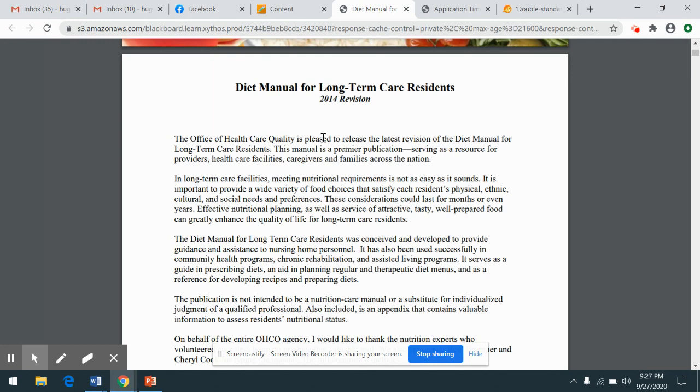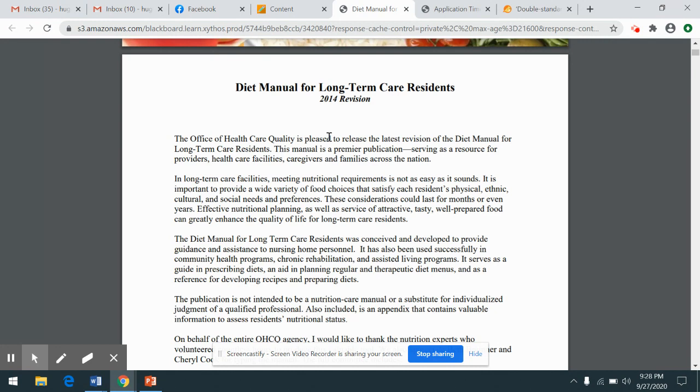So the point of this is that it's been adopted by the nutrition professionals in the facility. The physicians have approved of it, and it is going to be a guide or a reference for any healthcare provider that is working at the facility where a patient may be.